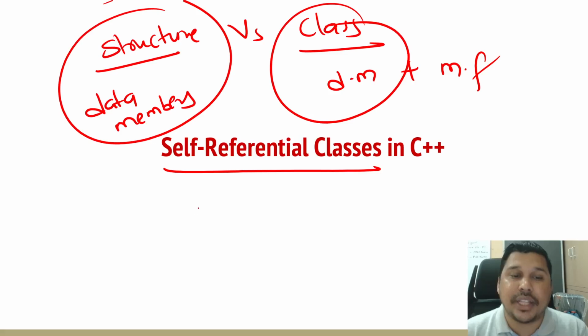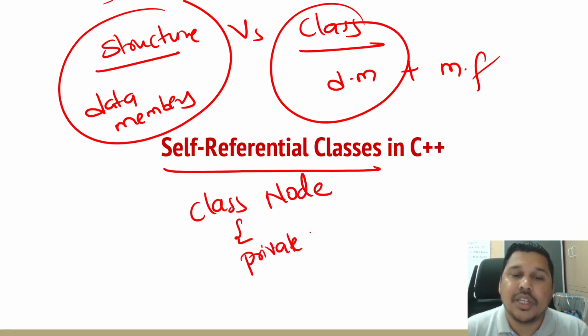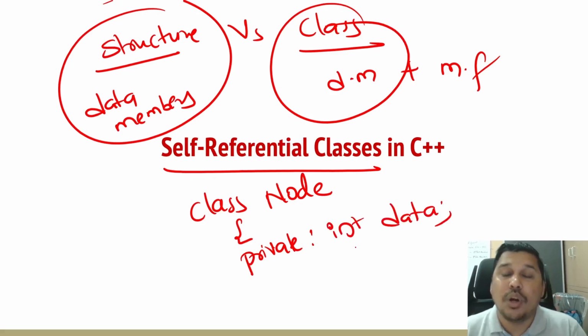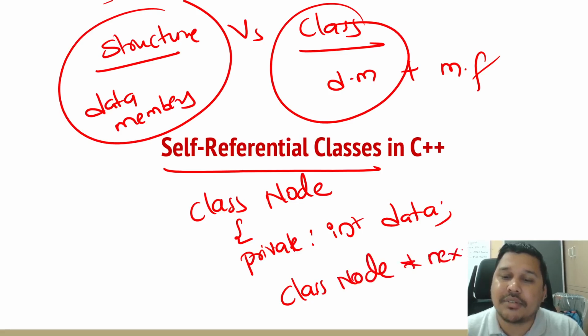Okay, how do you define that? You can have a class, some class name, let me say node. Open bracket, private. You can have int data. Now I want to have a pointer, next, which should be of class node type. So you write class node star next.